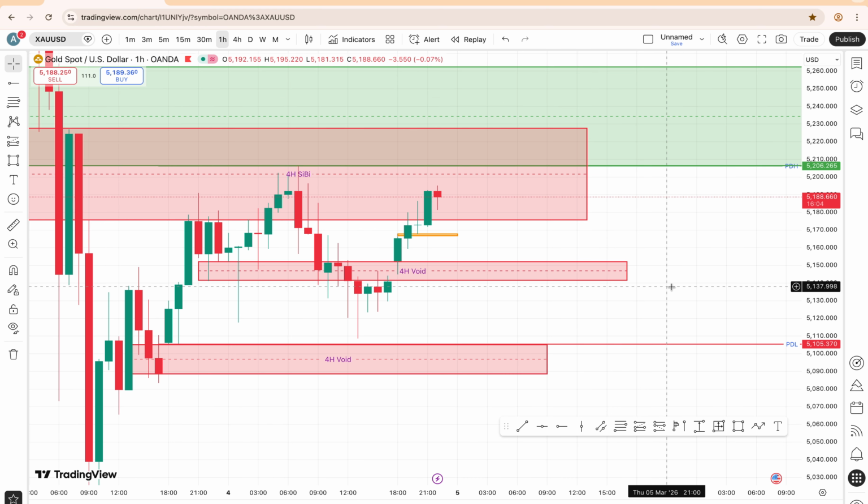Now we move on to the most important aspect, which is the previous day's volume profile. As mentioned before, volume profiles tell you where there was maximum institutional activity the previous day. So we have to mark the value area high, the value area low, and a point of control.